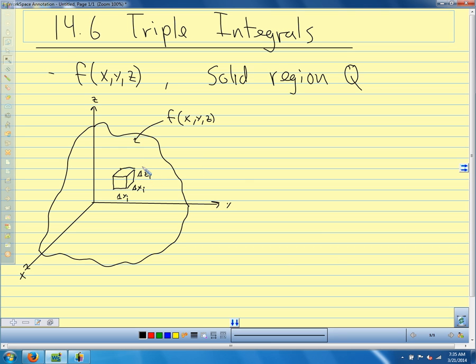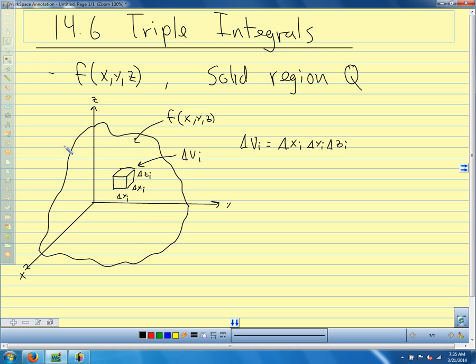And we're going to call the volume of that little piece delta v sub i. So delta v sub i, we're saying that we're dividing it into little rectangular prisms, so it's going to be delta x sub i, delta y sub i, delta z sub i. And x sub i, y sub i, z sub i is a point in that little box.